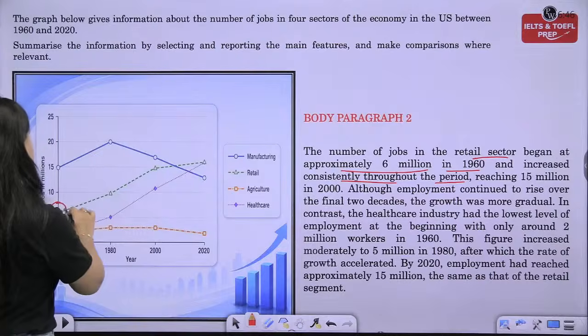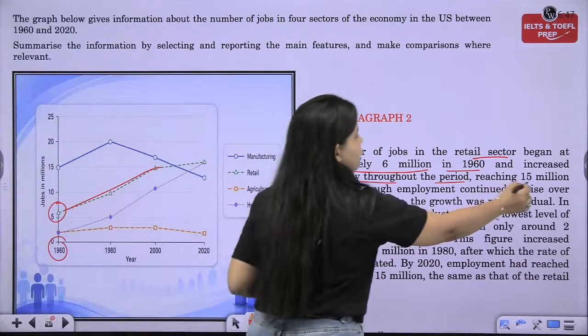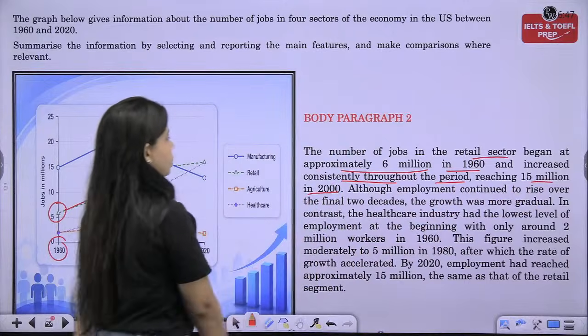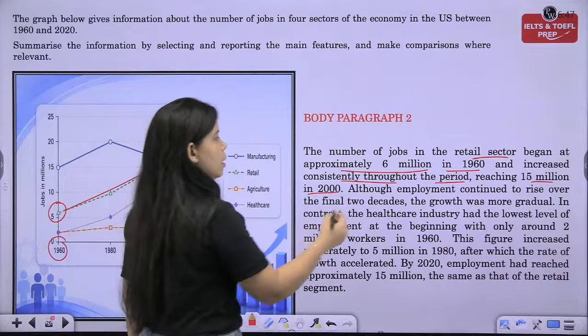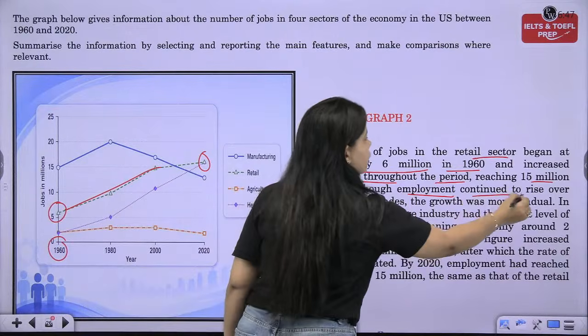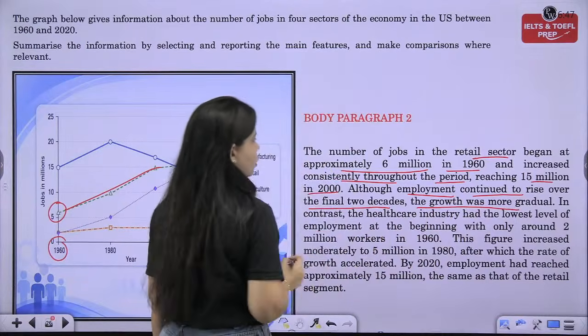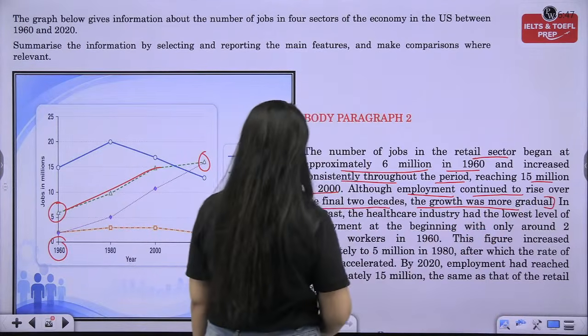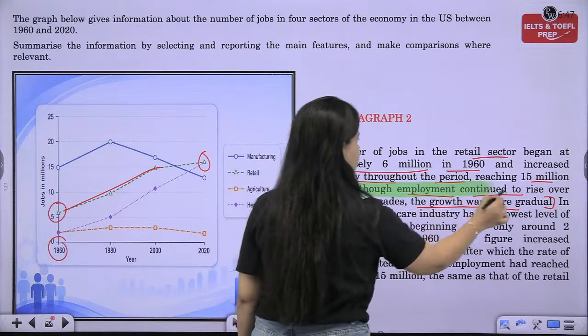That means without any dip, it increased consistently throughout the period, reaching 15 million in 2000. But look at the next sentence. I'm saying although employment continued to rise over the final 2 decades, the growth was more gradual. Understand this sentence, I am highlighting it. This is how we notice small intricacies.